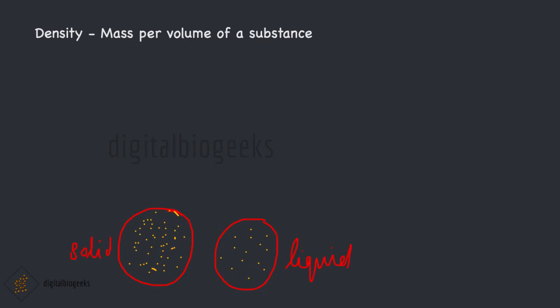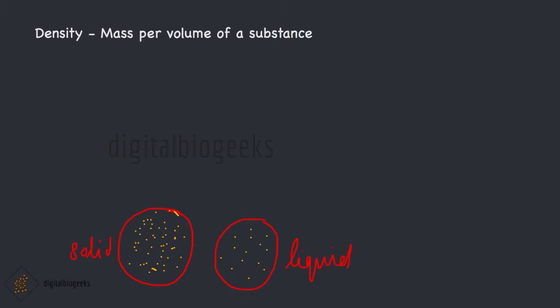So in a given area, the number of particles in solid is very high than the number of particles in liquid. If we take a certain area and check the number of particles in that, surely the solids have more particles as they are tightly packed. That means the density of solids is more than liquids.